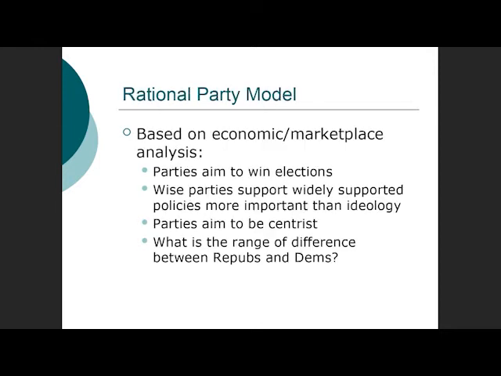So let's talk about what ought to be going on, what we expect. We've got these parties that are defining themselves and defining the policies that they're going to stand on and run for office on, and what their candidates are going to be representing to us, the voters.